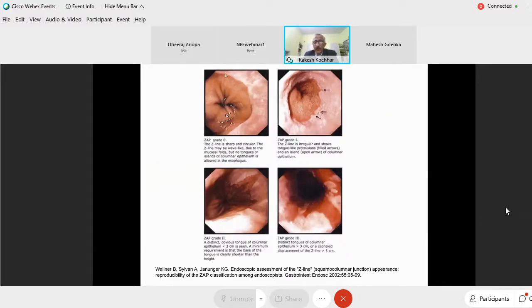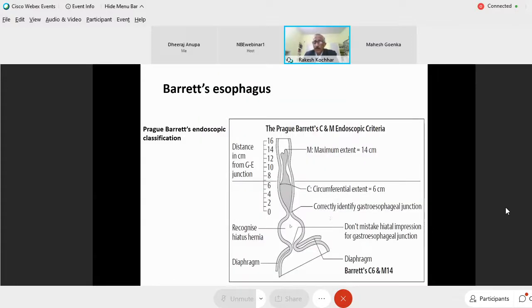So this is the normal Z line, this is a wavy Z line, and this is when the gastric mucosa extends into the esophageal side in a tongue-like projection. That is when you call it Barrett's mucosa. So you have a diaphragmatic pinch, the hiatus hernia, the squamocolumnar junction, and this is the extension of the gastric mucosa into the esophagus. So how do you measure it?